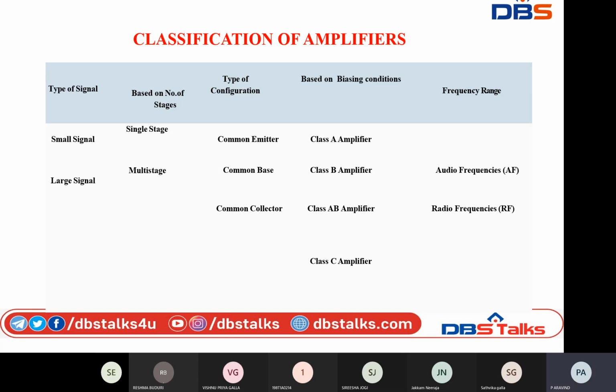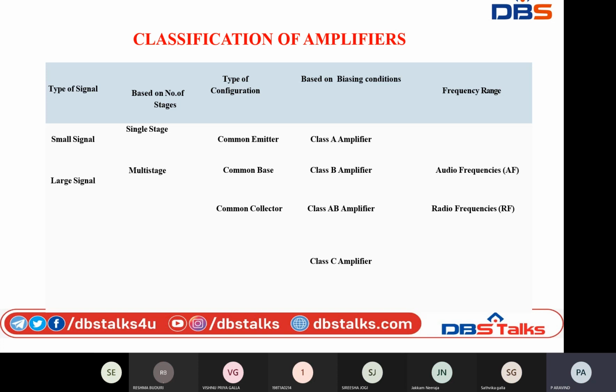Based on frequency range of the signals we are going to use, the amplifiers are also classified into audio amplifiers, and also power amplifiers. Okay, so these are the classification of amplifiers based on different considerations.